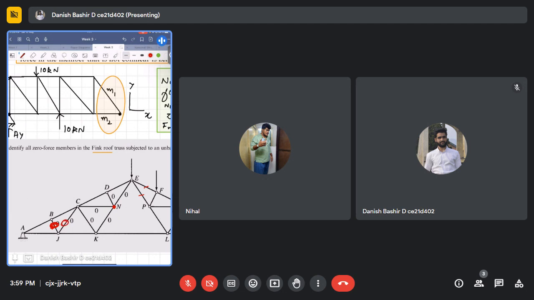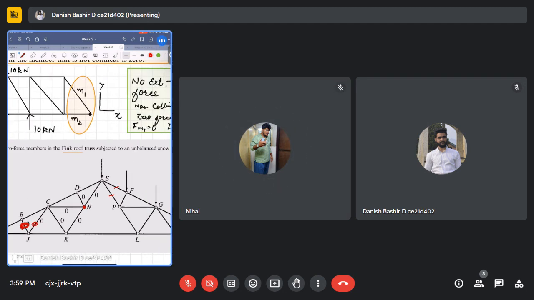This comes to be a zero force member. Is this clear to you? Yes, sir. There is no external force. Then coming forward, this and this are collinear. This non-collinear member will be a zero force member. Deleting it. Is that clear to you? Yes, sir.